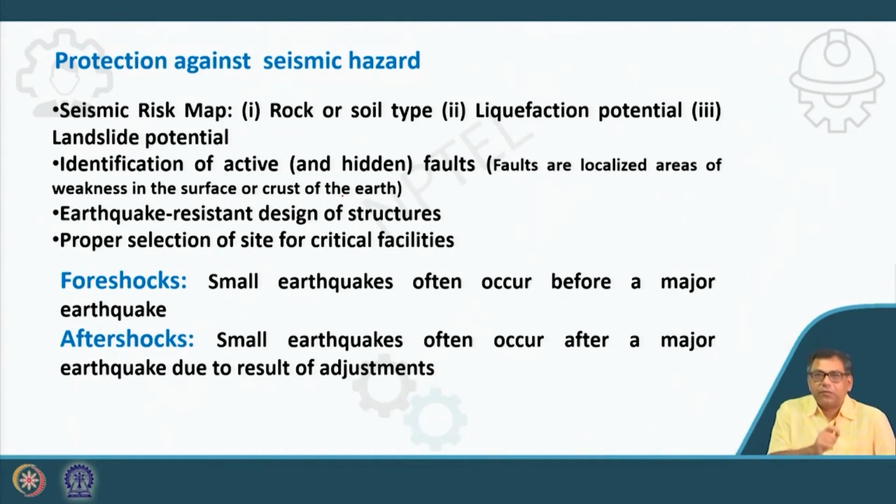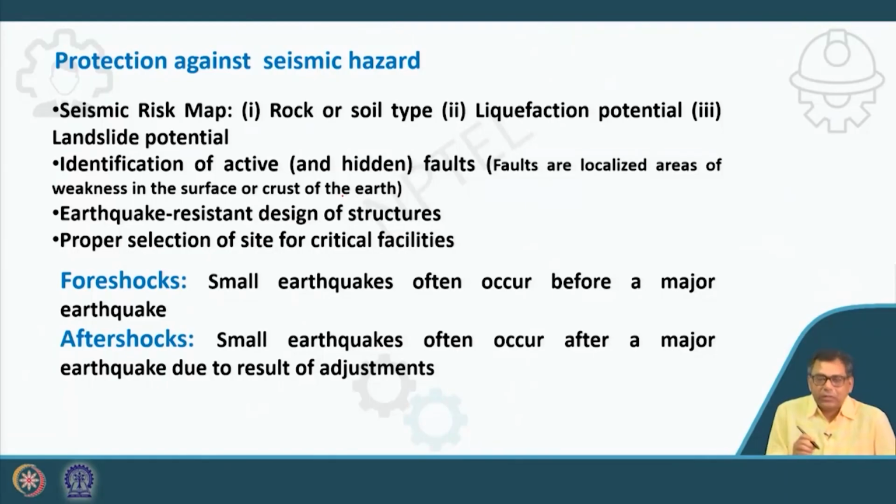That's why the information on faults is required and important. And next, if we have tsunamis, then we can develop a tsunami warning system. This way we can minimize the damages and take protection against this seismic hazard.